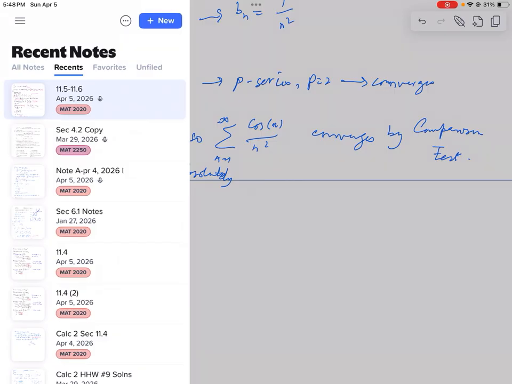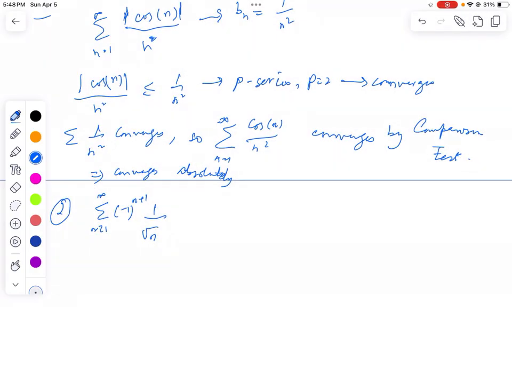If we look at the summation of the absolute value of an, this will become summation 1 over square root of n.